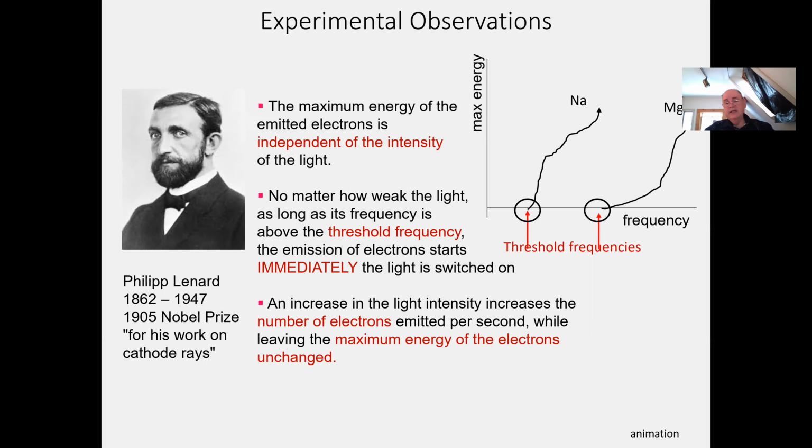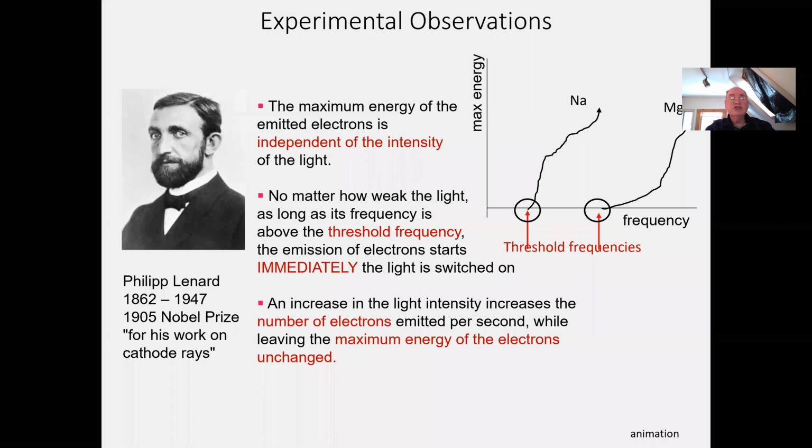And like I say, the increase of the intensity of the light did increase the number of electrons coming out. But as far as Leonard could see, it didn't increase the maximum energy of the electrons. As bright as you could make the light, the electrons released from the metal still had the same amount of energy, those maximum energy guys.